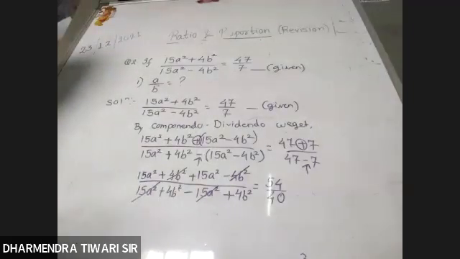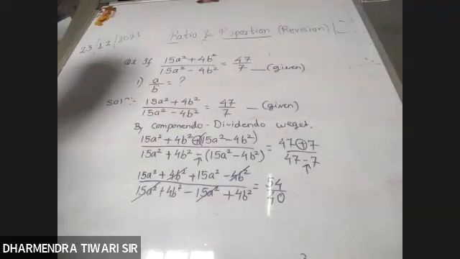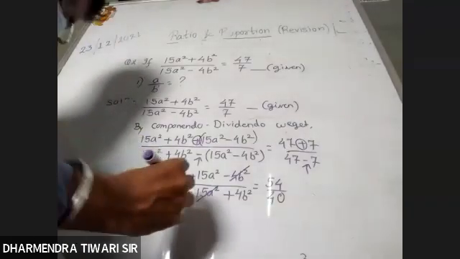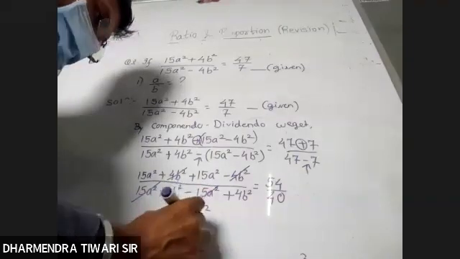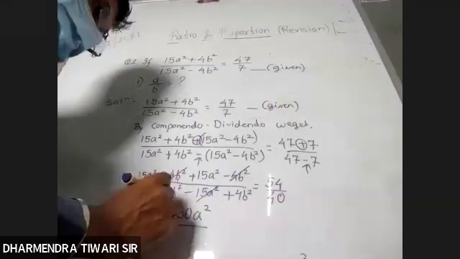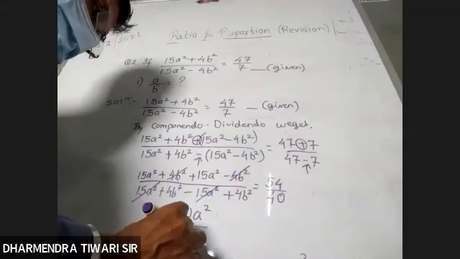What remains is 15a square plus 15a square, which is 30a square, divided by 4b square plus 4b square, which is 8b square, divided by 40.